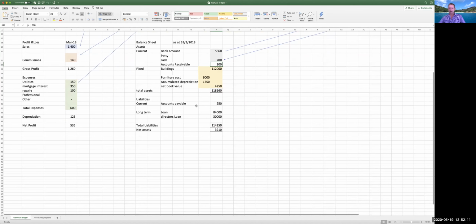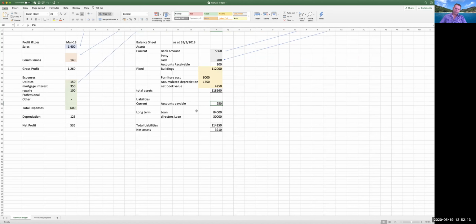And conversely, accounts payable, which is normally the higher figure of the two in many businesses, is the money that you owe. So these are all the invoices that you've been emailed, that you've received through the post, that you've got on your pile waiting to pay.